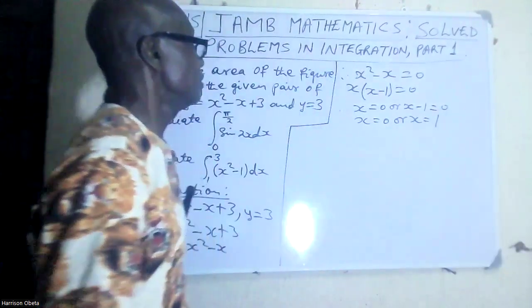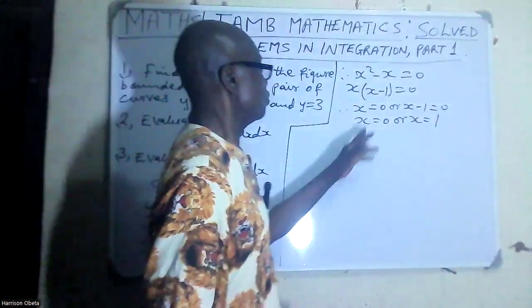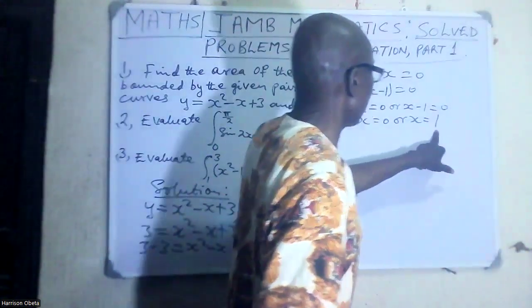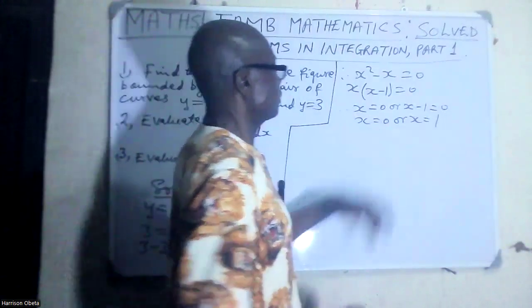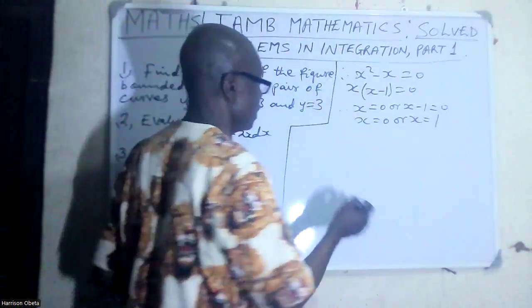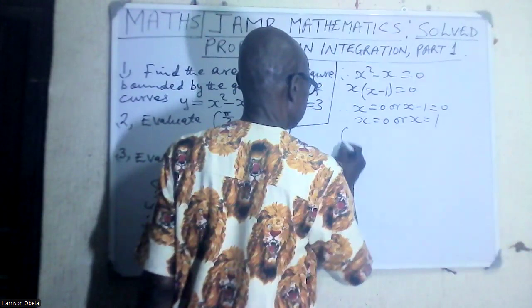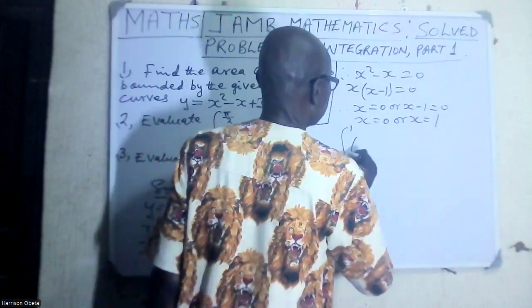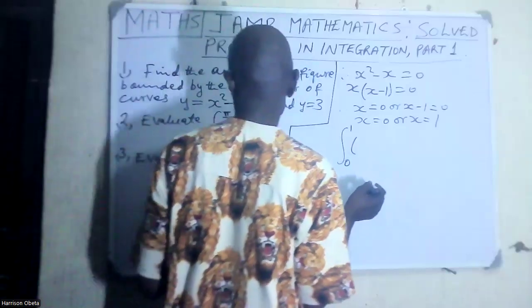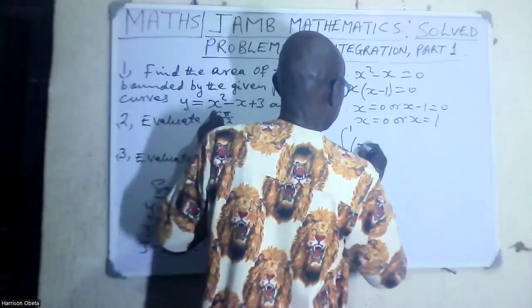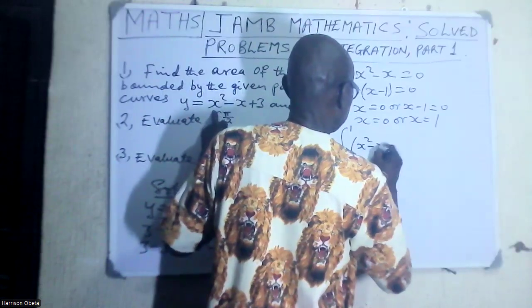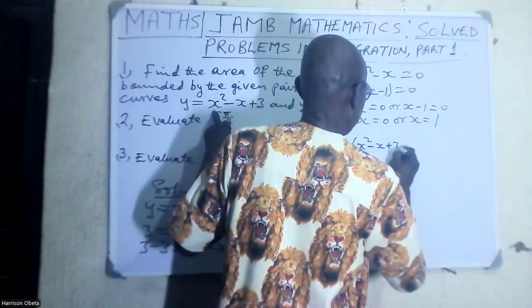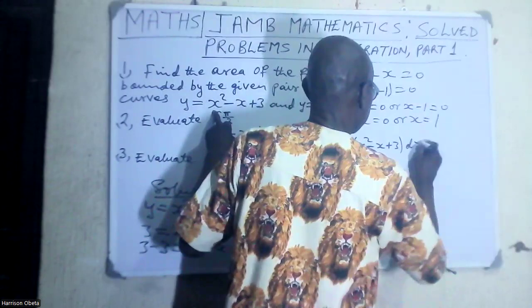And then, this will be the limit. 0 is the lower limit, 1 is the upper limit. We go ahead and integrate. We have the integral from 0 to 1, and then we put the equation, and that is x squared minus x plus 3 dx.